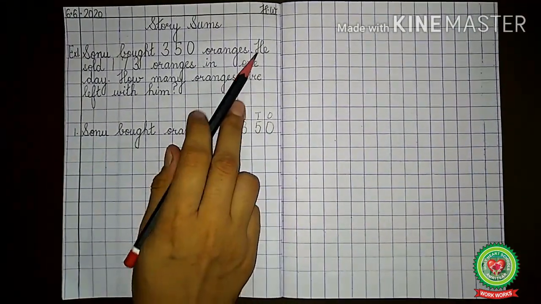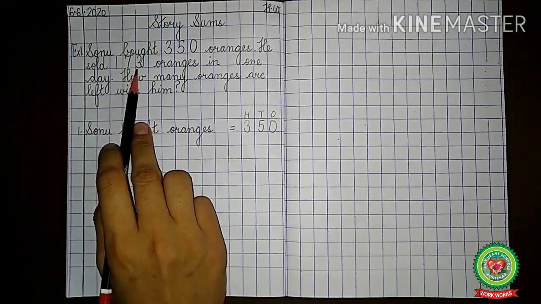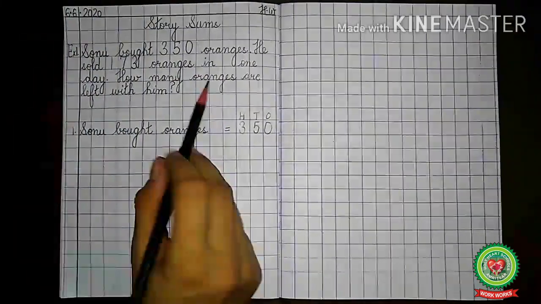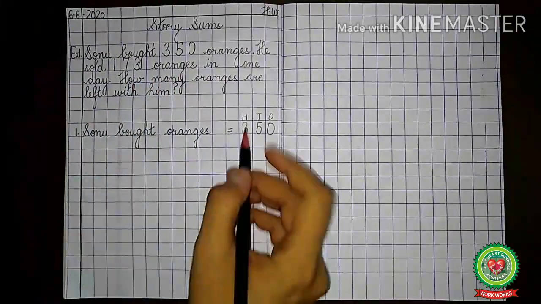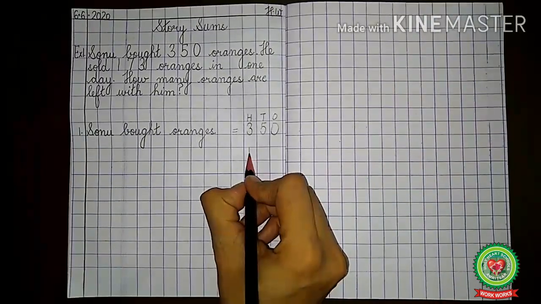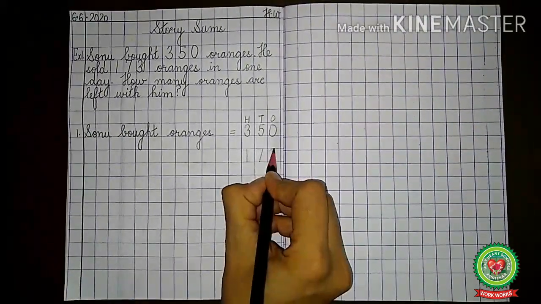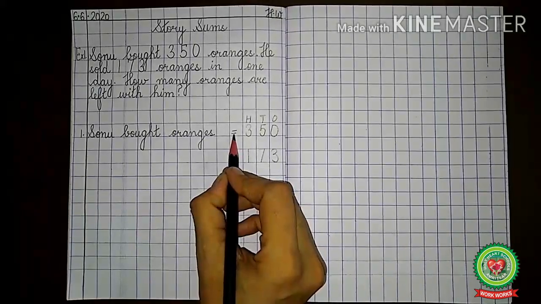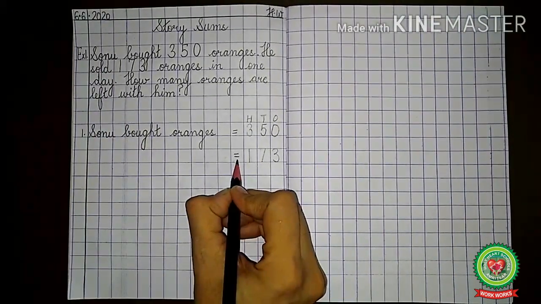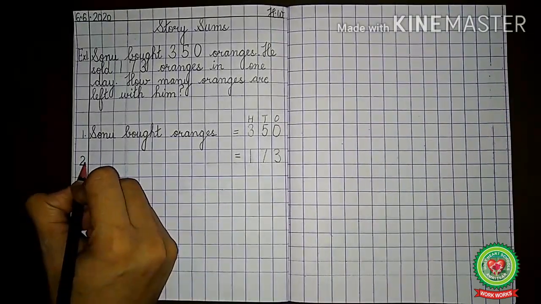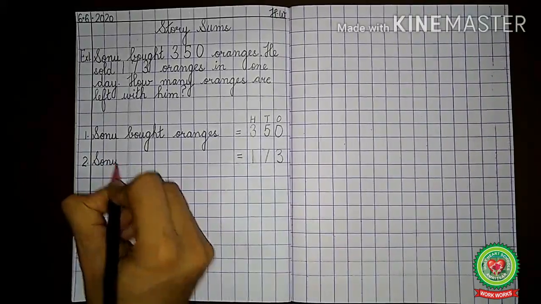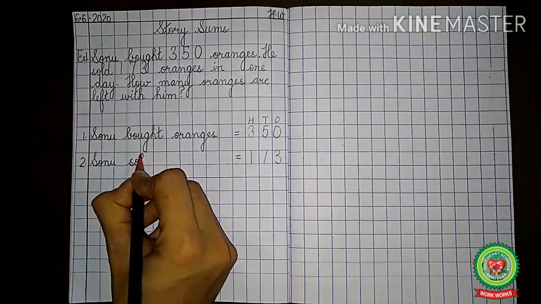Now, next statement is he sold 173 oranges in one day. What did he do? Sold 173 oranges. Now children, what do we have to do? We will write 173. And now you will see your is equal to sign. Is equal to sign should come under is equal to. And second statement we will write Sonu sold oranges.